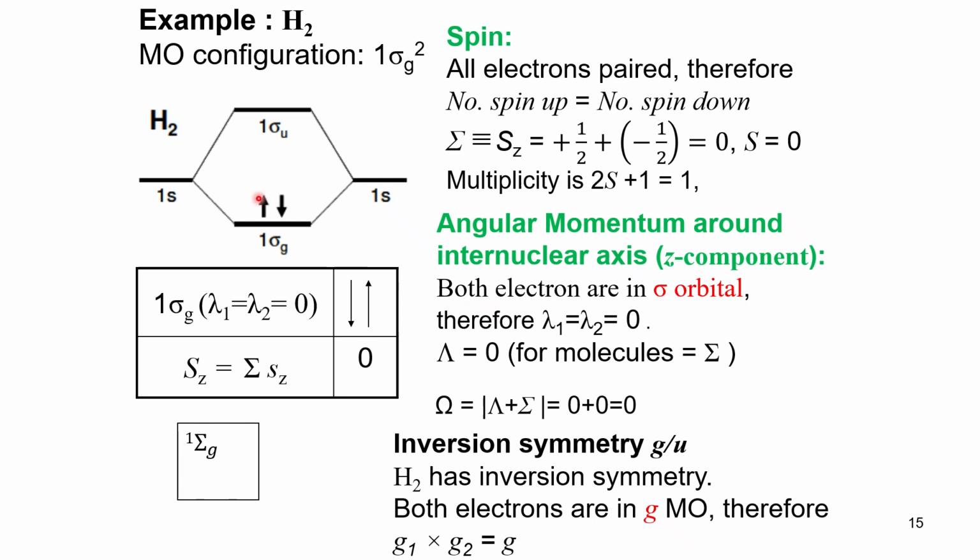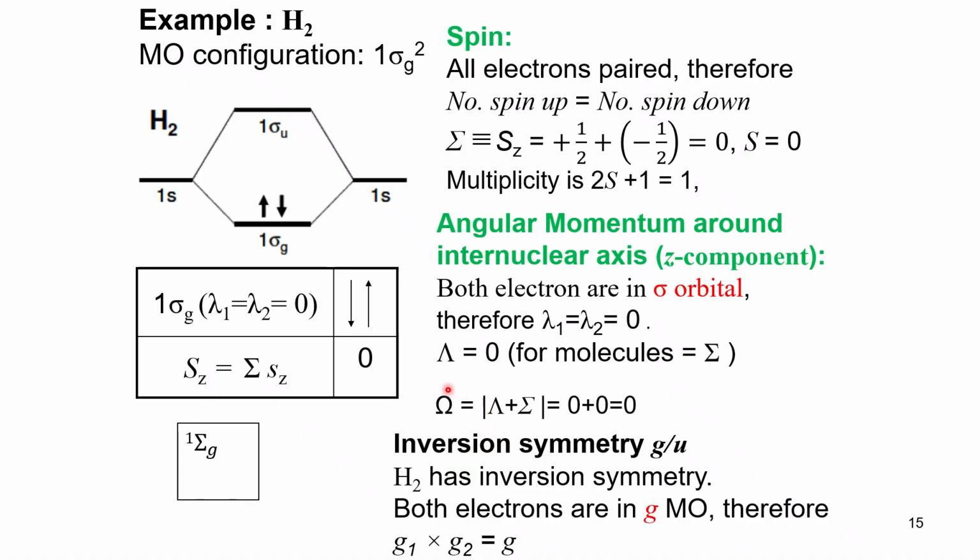So both are in the same molecular orbital. And because this molecular orbital is a sigma bonding orbital, it has the value of 0. Therefore, the capital Lambda, which comes from lambda 1 plus lambda 2, equals 0 for the molecule. So when Lambda equals 0, the state symbol is sigma.